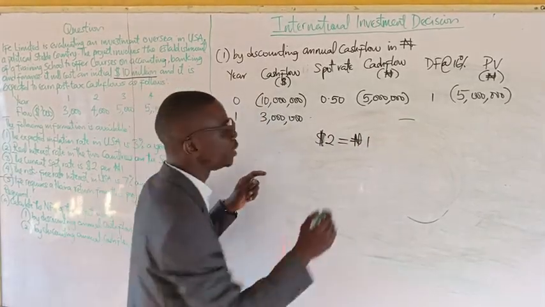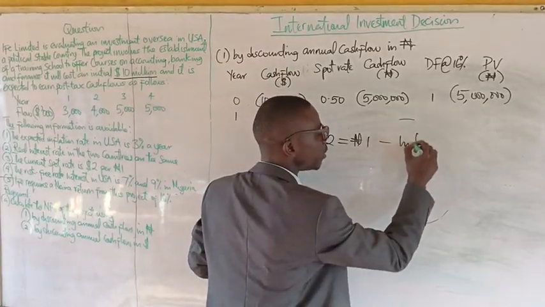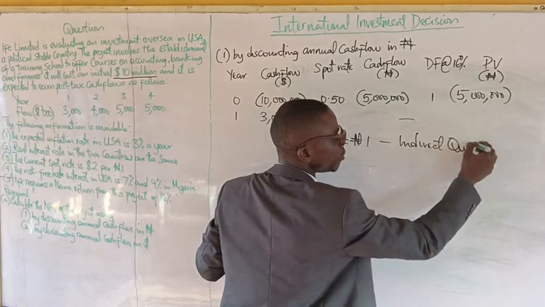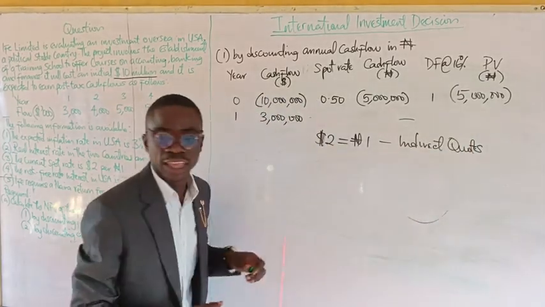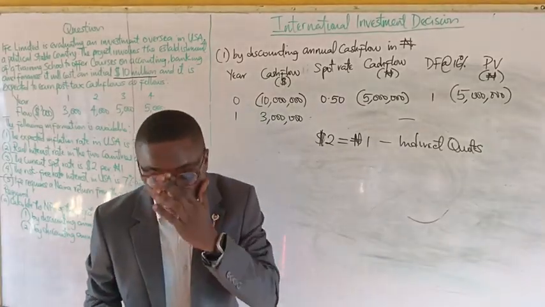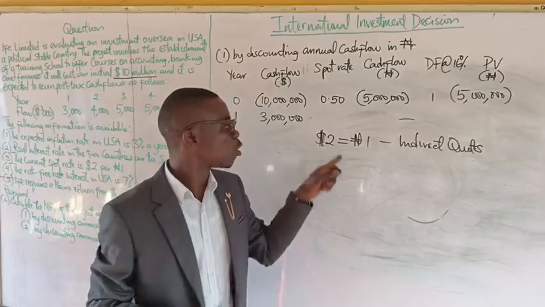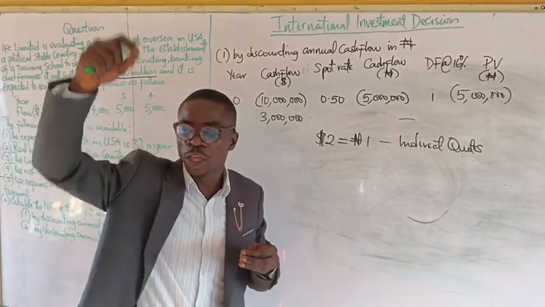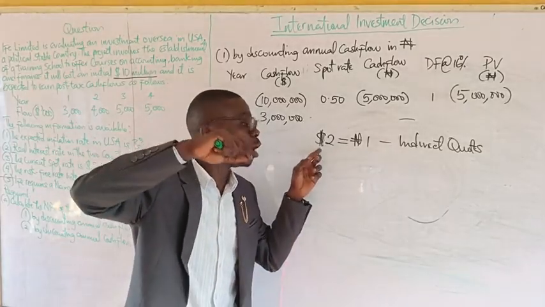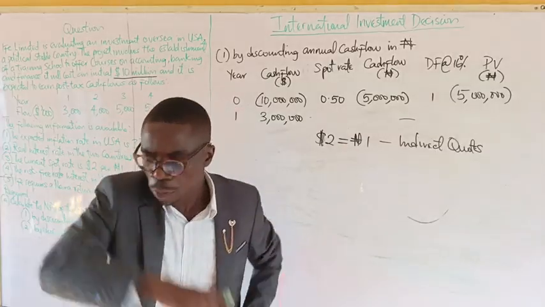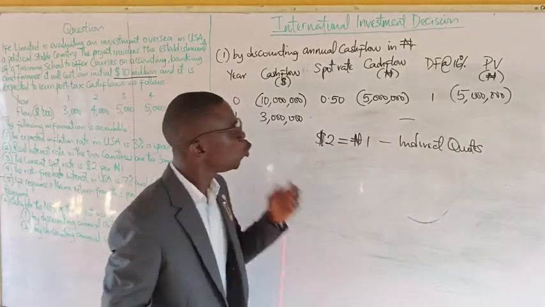And we all agree that this is indirect, because Ife Limited is a Nigerian company. Don't forget that indirect is the number of units of foreign currency that is needed for 1 unit of domestic currency.